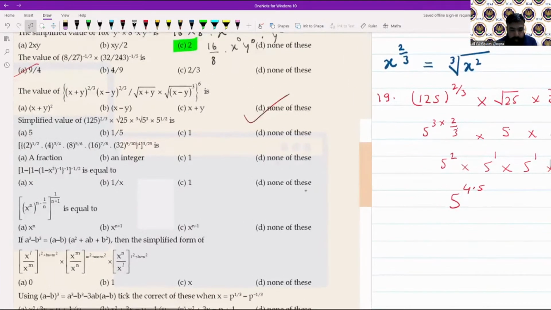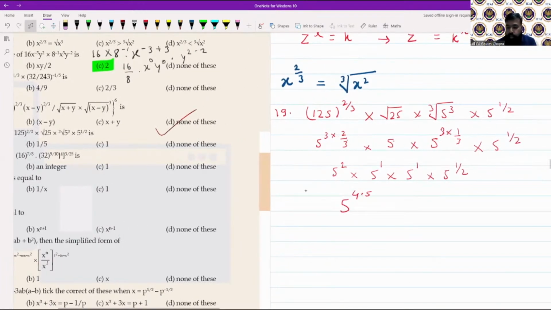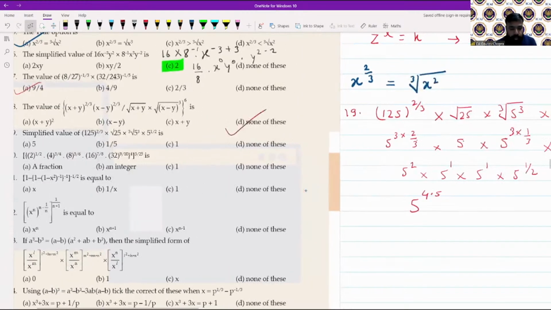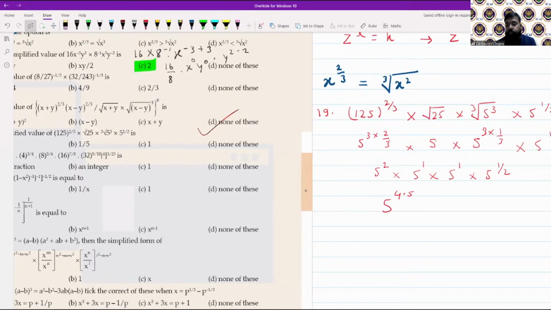And check whether there is a negative sign or not anywhere. So let's see which is the correct option. 125 to the power of 2 by 3, we have written 5 cube and then power 2 by 3, so it becomes 5 square. Then root of 25 means it is 5. Then cube root of 5 cube, so 5 to the power of 3 as well as 1 by 3.